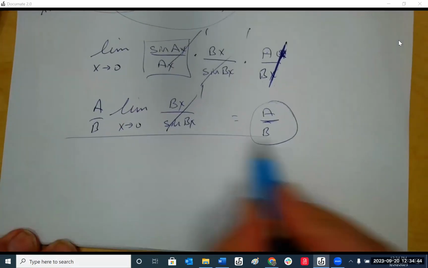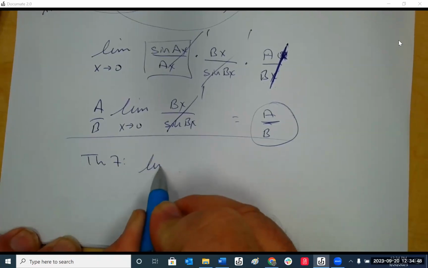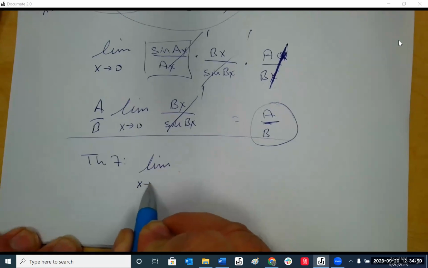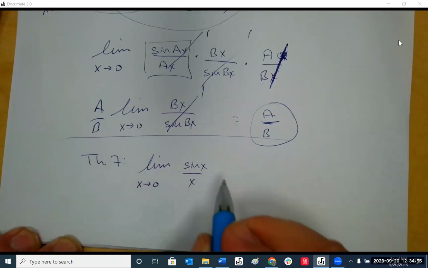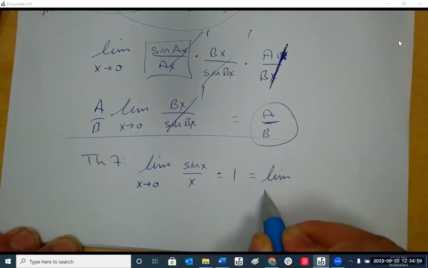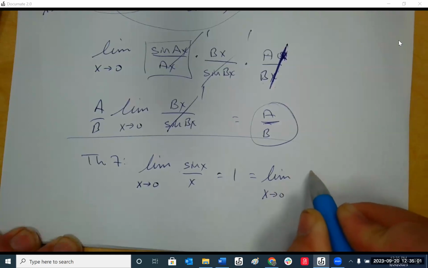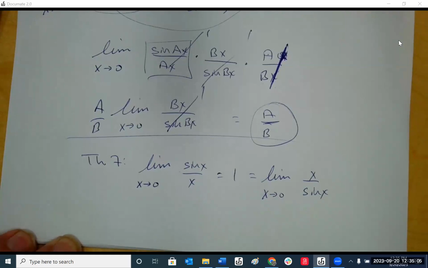So Theorem 7 says the limit as x approaches 0 of sine x over x equals 1, which is the same thing as the limit as x approaches 0 of x over sine x. Because in our derivation, the last step we flipped them.